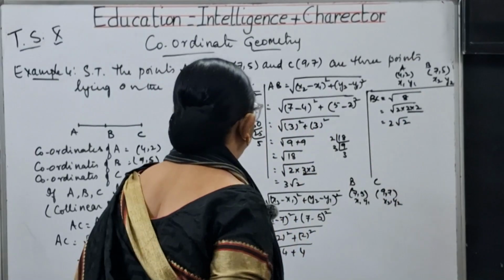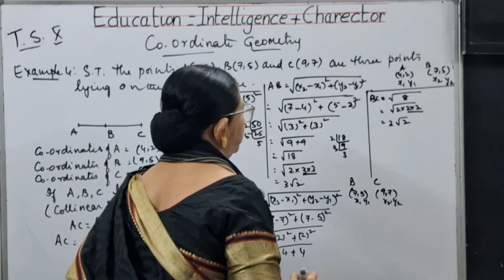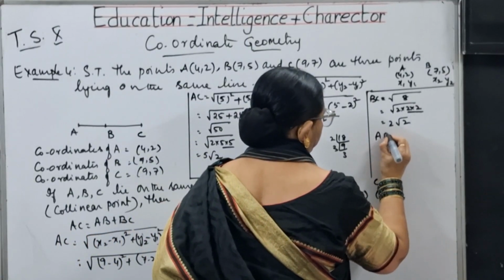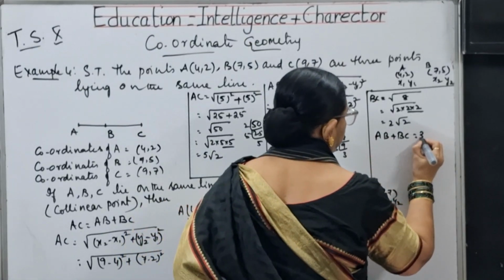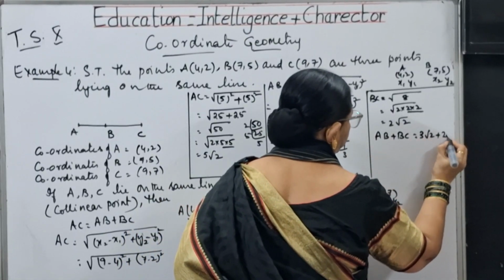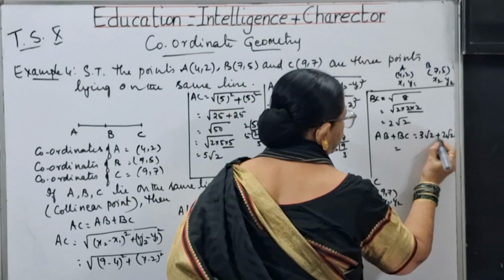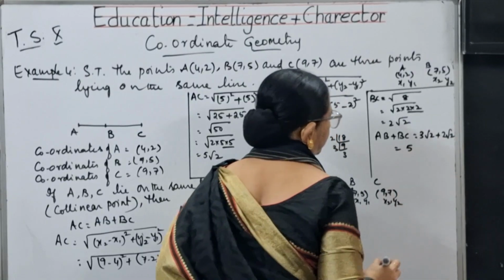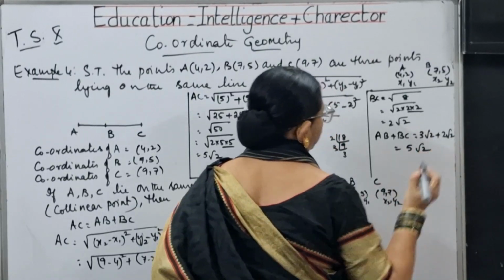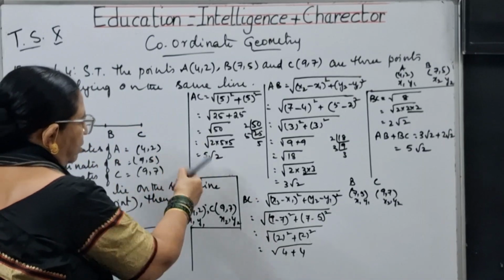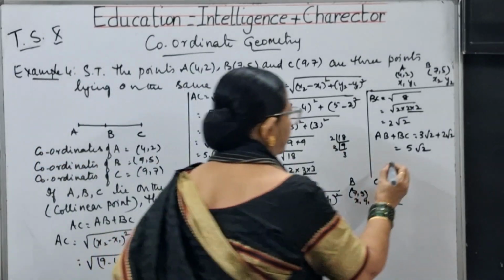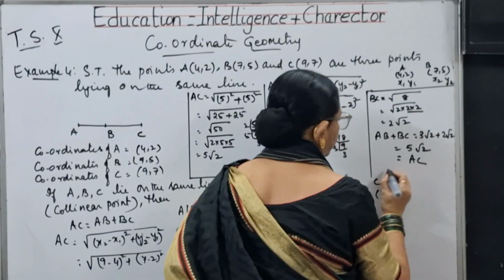So let us find out what is AB plus BC. AB plus BC is 3 root 2 plus 2 root 2. Since these two root 2s are the same, 5 root 2. And 5 root 2 you have got as the AC value. So this is equal to AC.